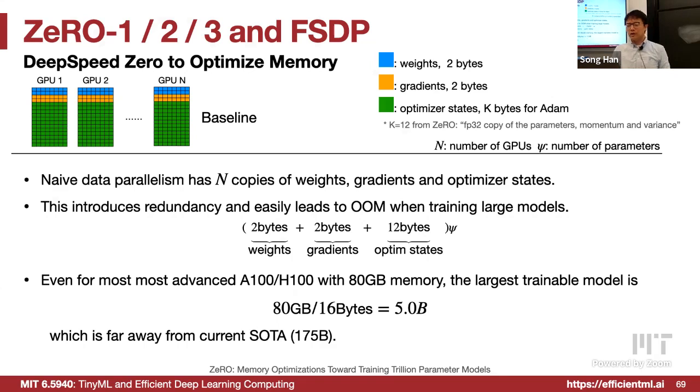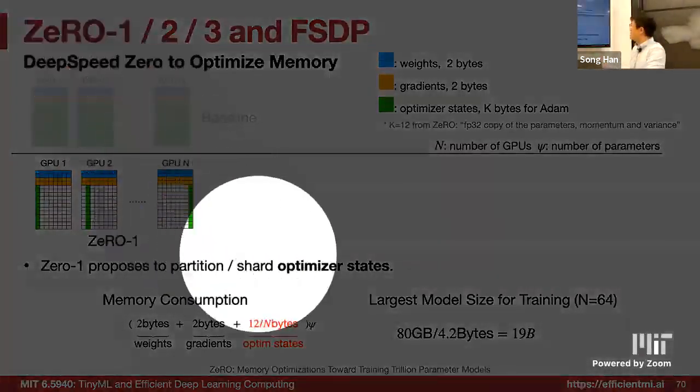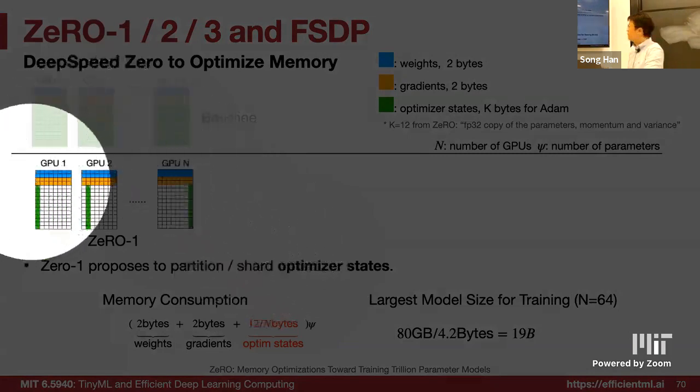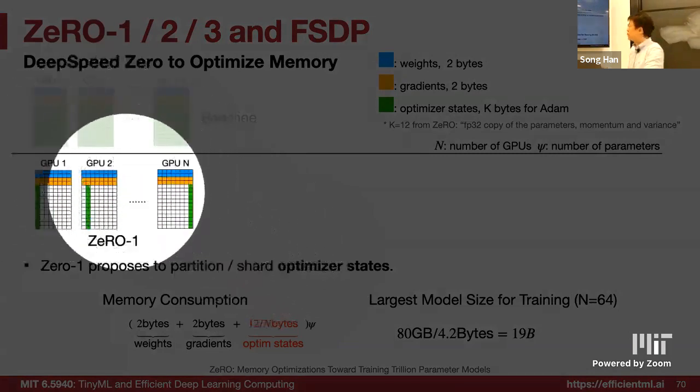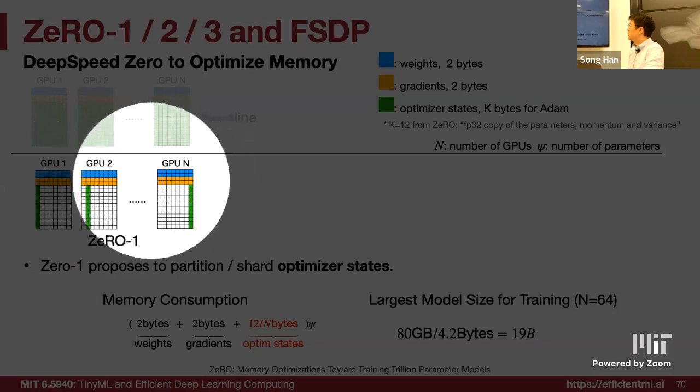So how can we do better? Previously, we had n copies of the weights, gradients, and optimizer states across the GPUs. Since we are doing data parallelism, they process different data, splitting the data, but they share the model, so each GPU has the same copy. ZeRO-1 basically proposes that we can partition, or shard, the optimizer state. Since we have n GPUs, we don't need to store n copies; we can store only the local copy on each of them.